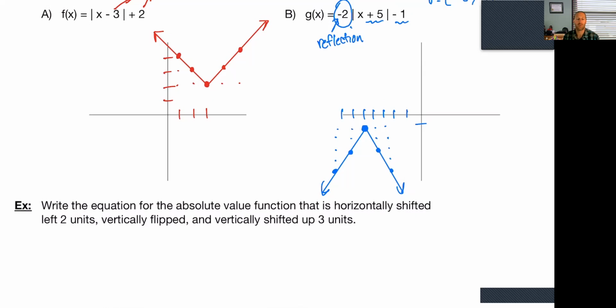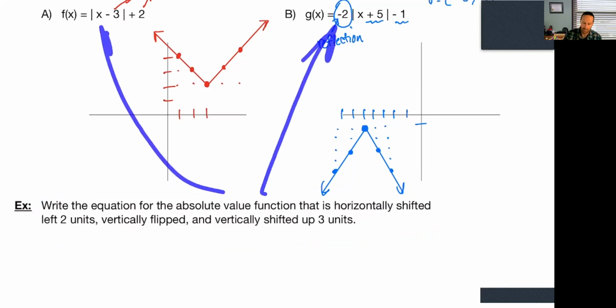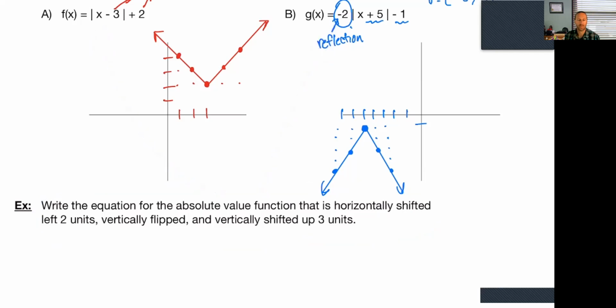Let's see if you can work backwards. What if, instead of me giving you the equation and asking you to graph, what if I explained what the graph looked like and I asked you to provide the equation? So this one asks us to write the equation of, well, they're telling us it's an absolute value function.